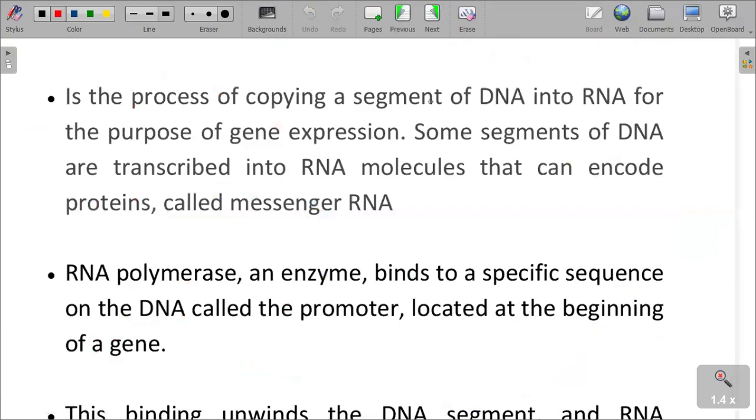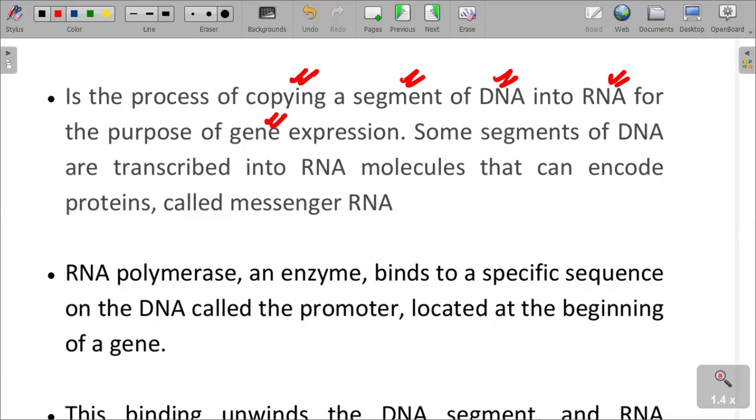So what is transcription? Transcription is a process of copying a segment of DNA into RNA for the purpose of gene expression. When a segment of DNA is copied into RNA for purposes of gene expression, that is what you call transcription.